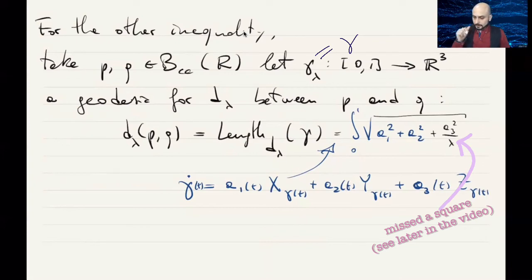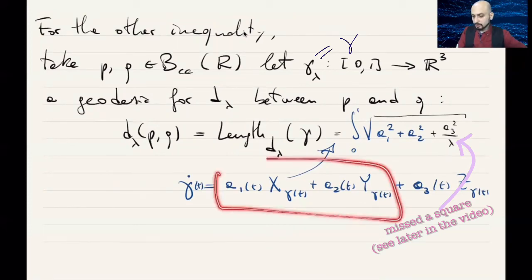Now we have to bound the sub-Riemannian distance between P and Q. What we do, we consider a curve that has more or less the same tangent, but just the horizontal part is the same.